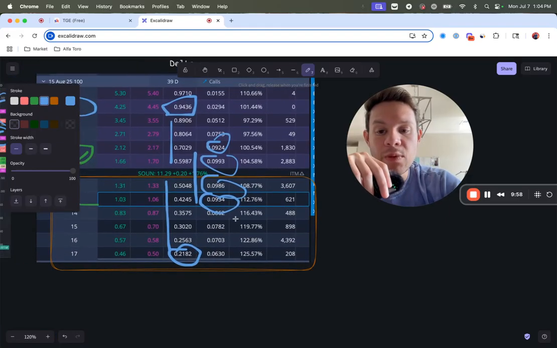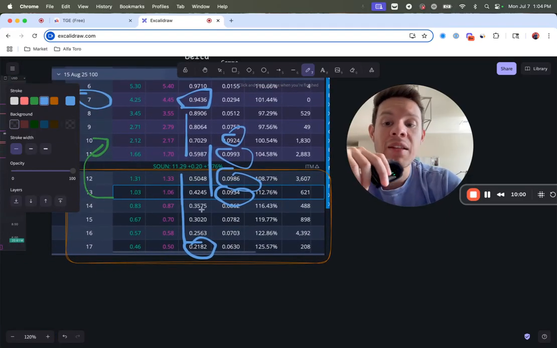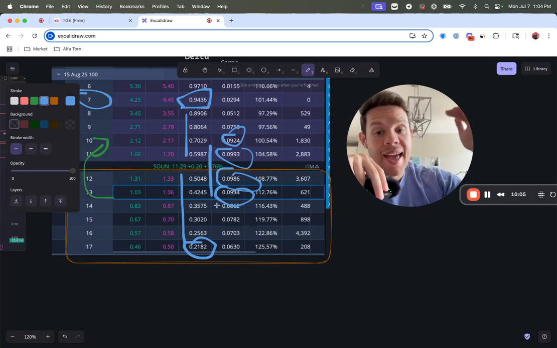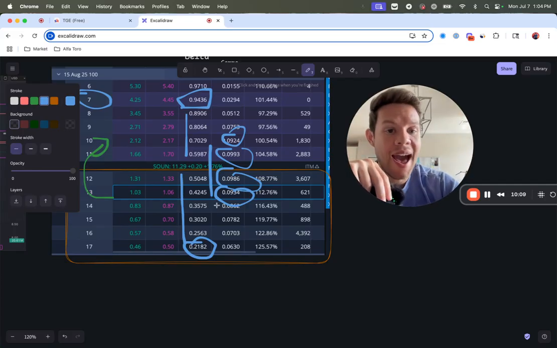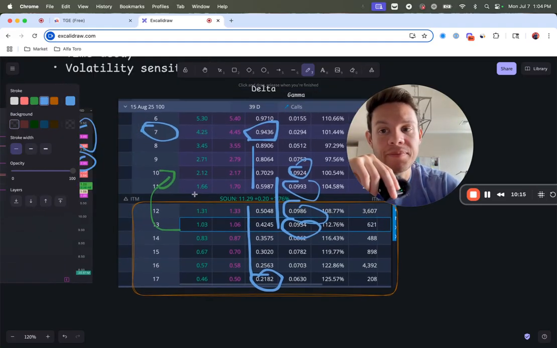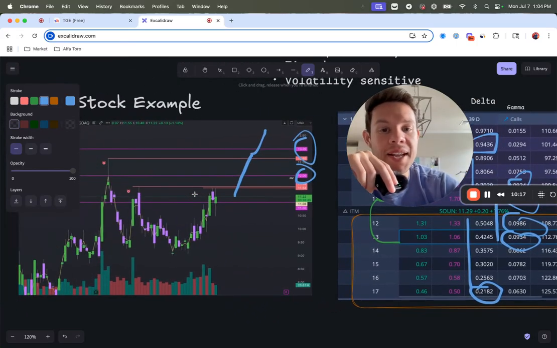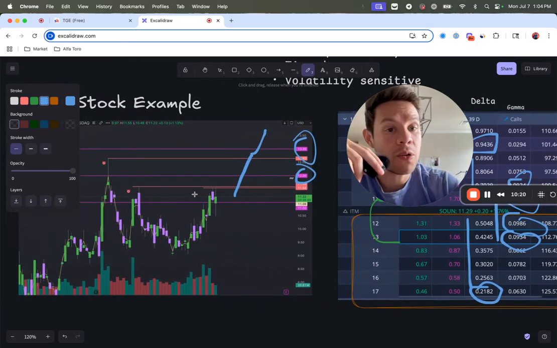And so that's why we pick an out of the money strike, because we want to capture that gamma and catch that ramp up to make the quickest amount of cash in the shortest time possible. So when I'm looking at SOUN, I'm saying, okay, this can go to $15, this can go to $13.